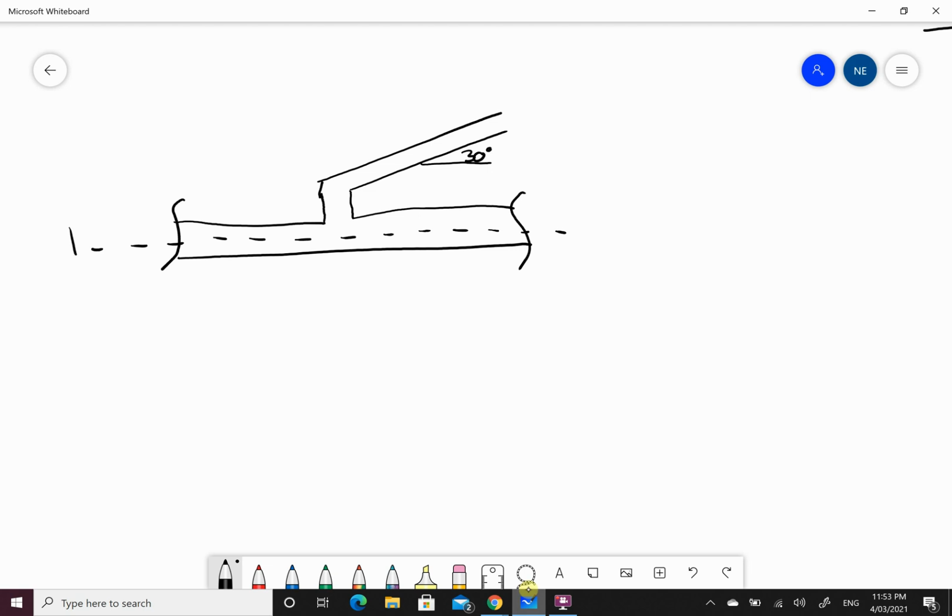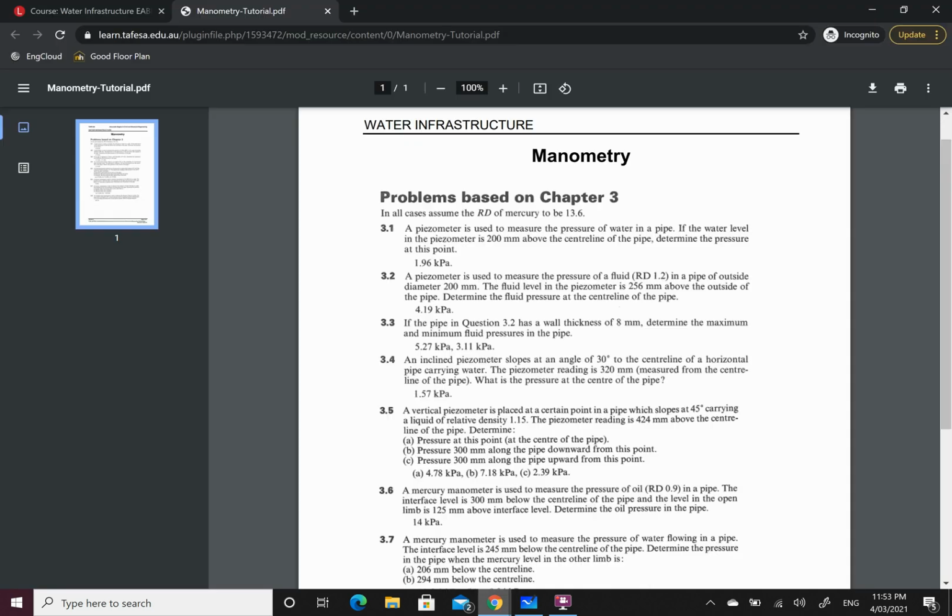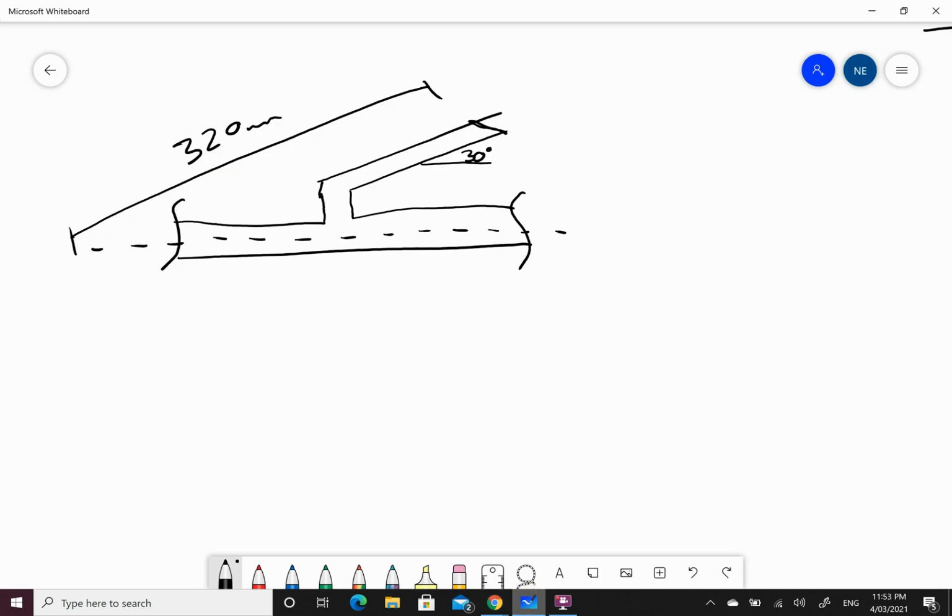So from here to wherever the fluid's sitting, let's go here, is 320 millimeters. What other information were we given? That 30 degrees. Cool. Let's work out the pressure.